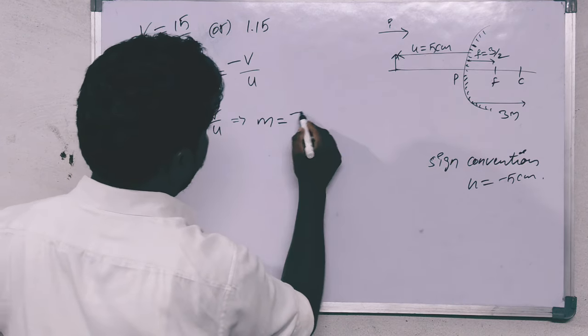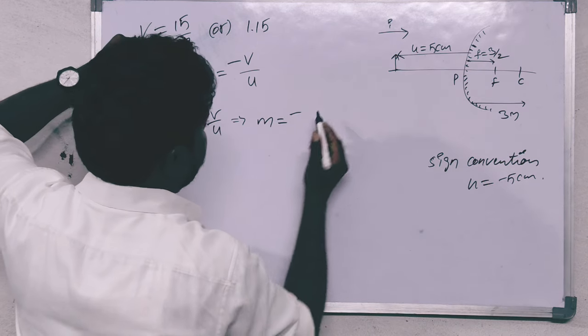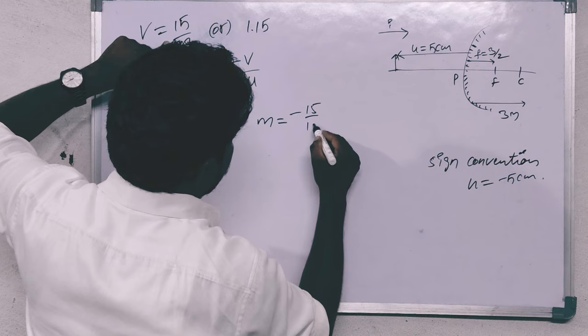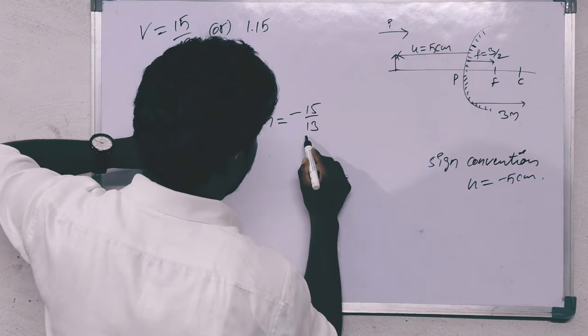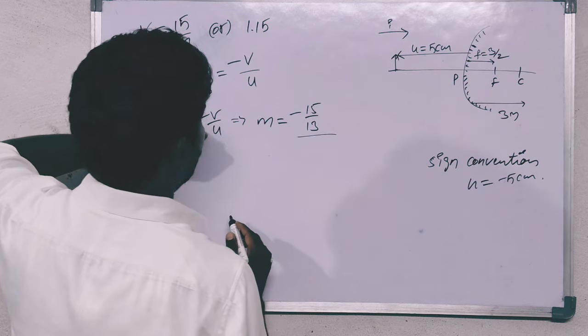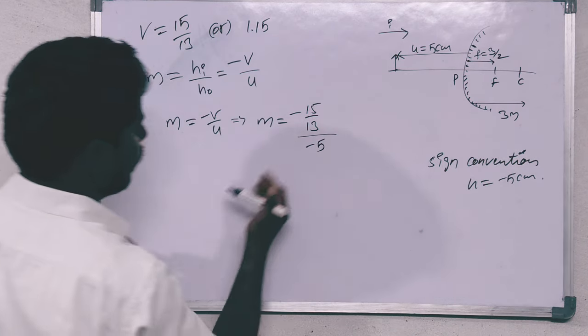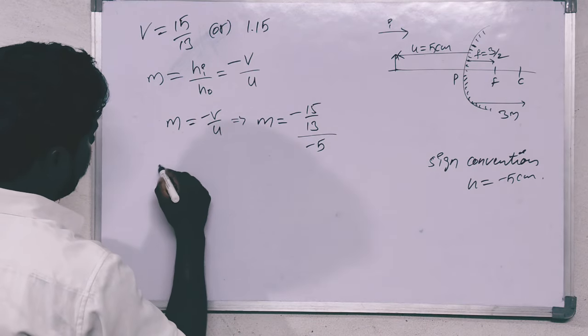M equals minus V, how much? Take the fraction 15 divided by 13, divided by U, minus 5. Fraction by fraction, so take the reciprocal.